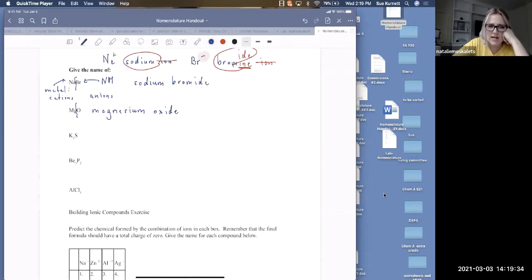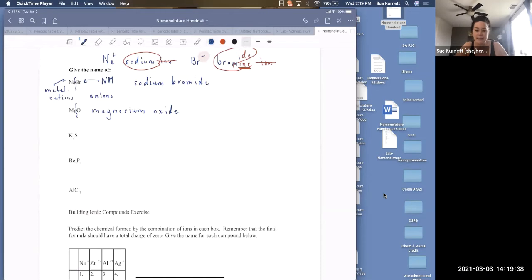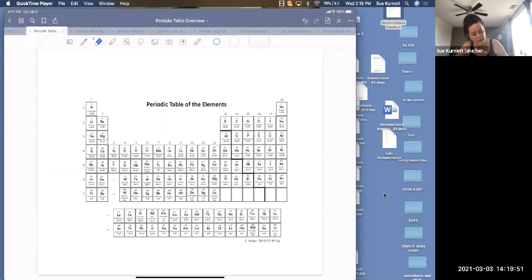Sure. I thought the ide was when there is no oxygen. It is, but when there's extra electrons. So here we have some nonmetals, and these are the nonmetals that are going to gain electrons. Let's look at nitrogen.